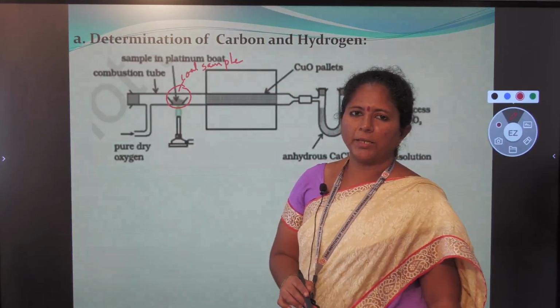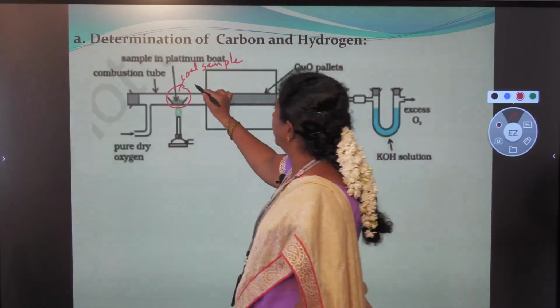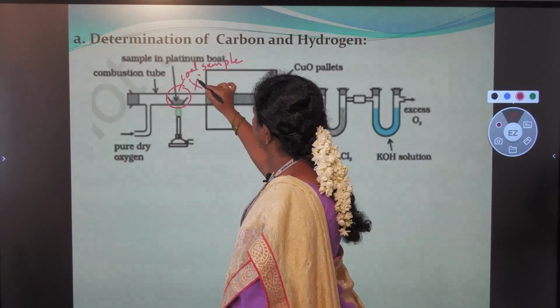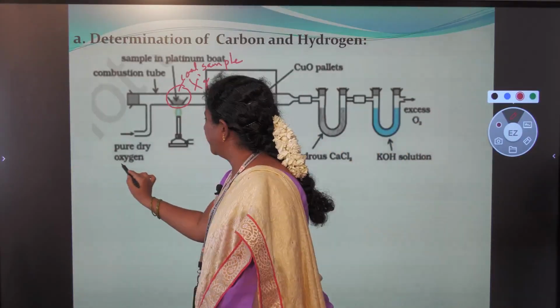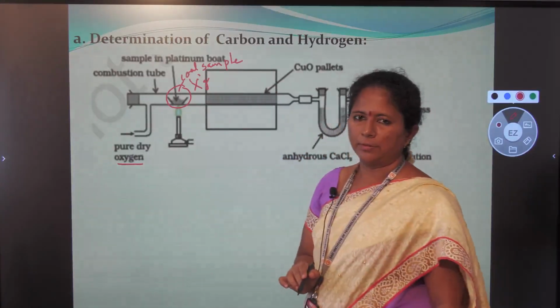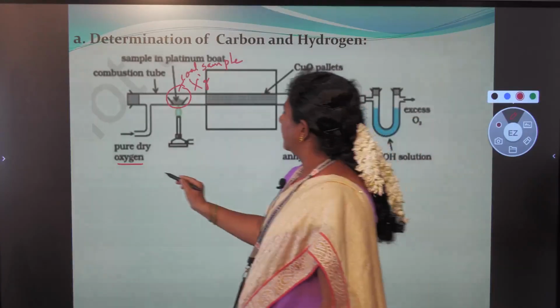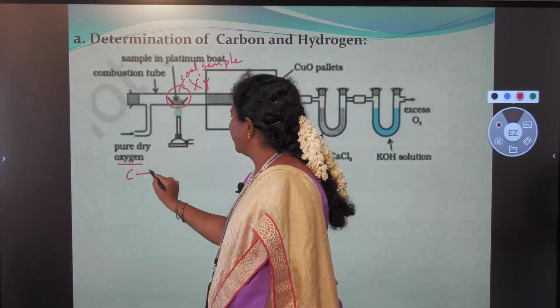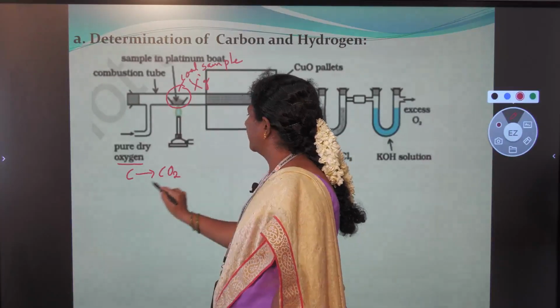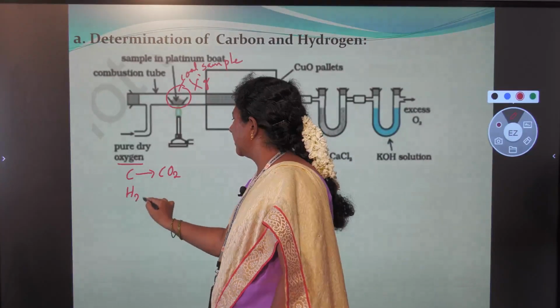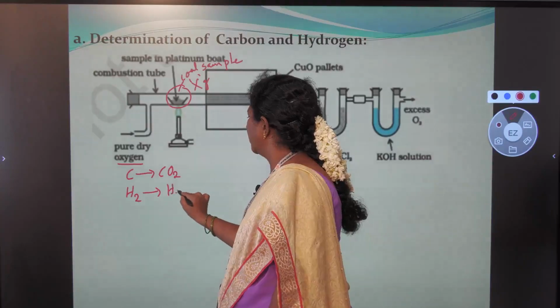So here we will be taking a known weight of coal sample. Let it be some x grams. This will be burnt in presence of pure oxygen. Then the carbon present in the fuel will be converted to carbon dioxide and hydrogen present in the fuel will be converted to water.